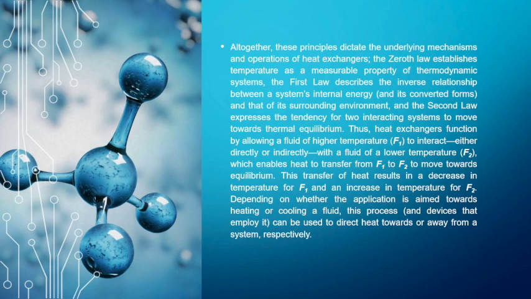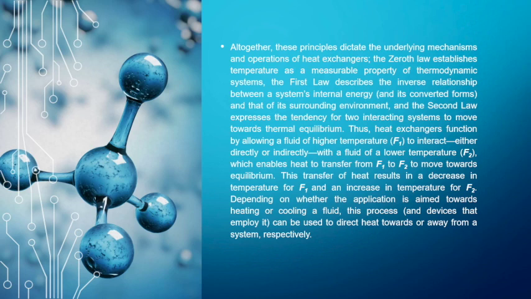Thus, heat exchangers function by allowing a fluid of high temperature, F1, to interact either directly or indirectly with a fluid of a lower temperature, F2, which enables heat transfer from F1 to F2 to move towards equilibrium.